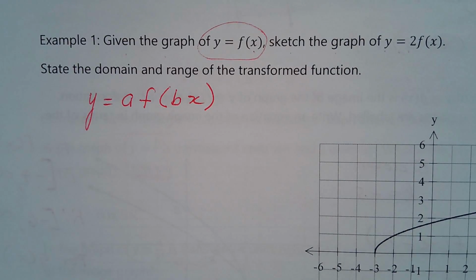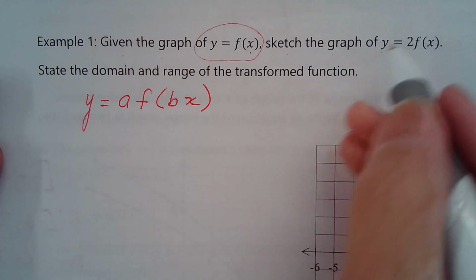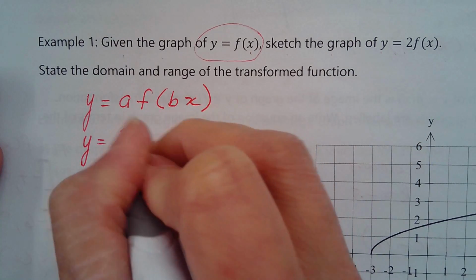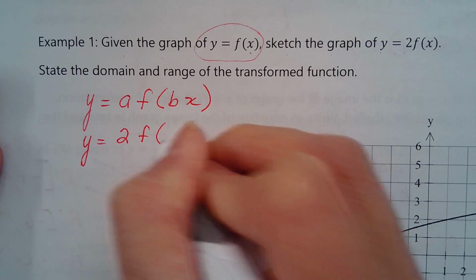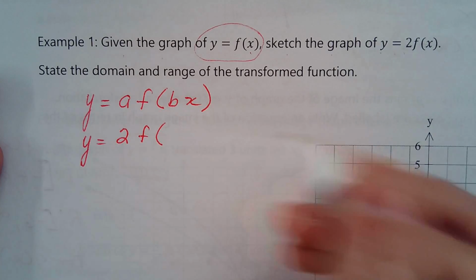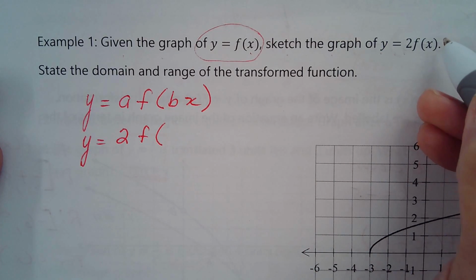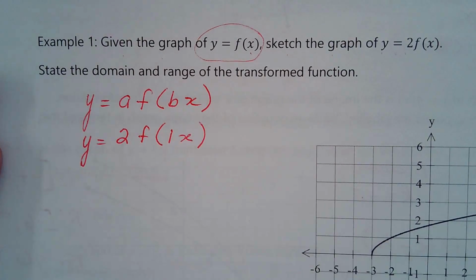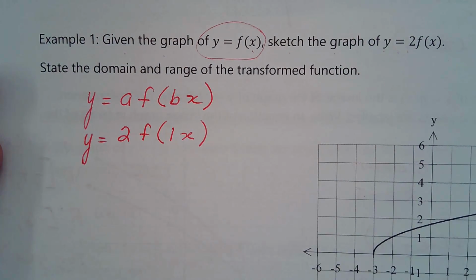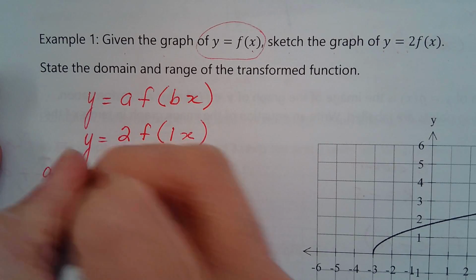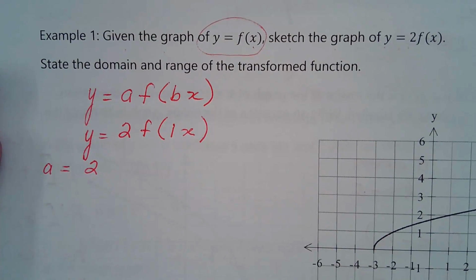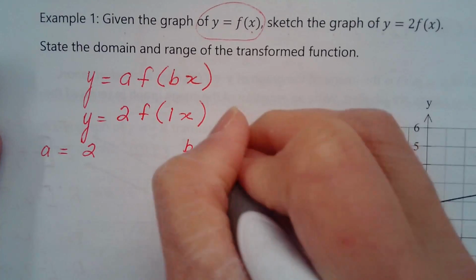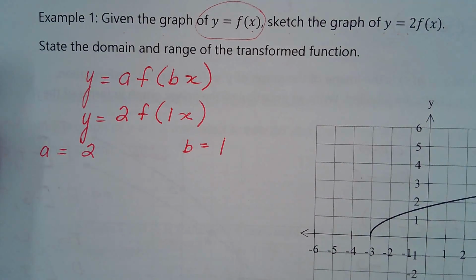That's the form. Let's rewrite that: y equals 2, f times 1x. So a is equal to 2, and b is equal to 1.